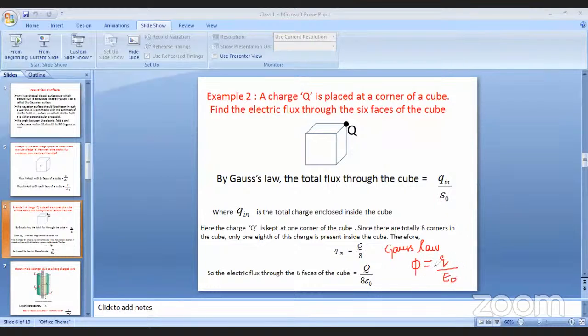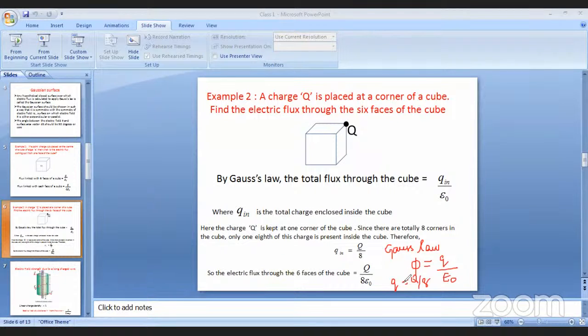Here the Q is nothing but Q by 8. So when you replace this Q by capital Q by 8, that will be Q by 8 epsilon 0. Since the charge is present at the corner, you will be getting Q by 8 epsilon 0 as the electric flux through the 6 faces of the cube.